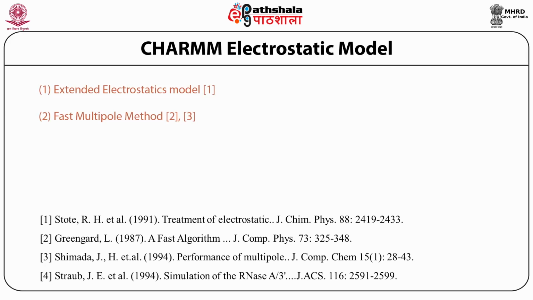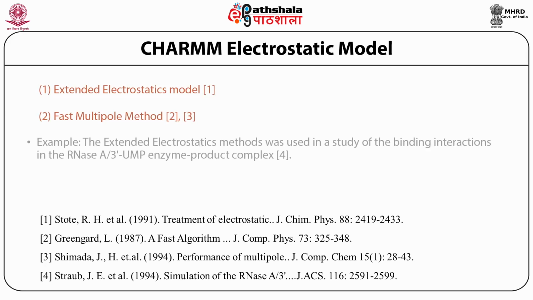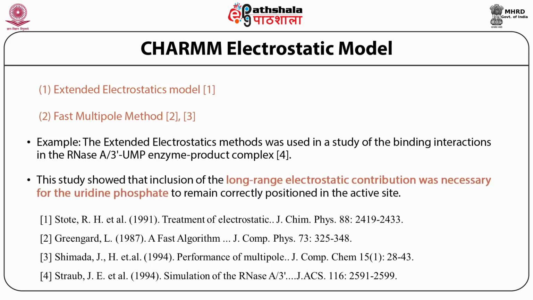However, why should we use it? A good example is given by reference number 4. If you use the extended electrostatic model and study the binding interaction of RNase A with 3' UMP, the enzyme product complex, you would see the long-range electrostatic contribution was a necessary evil for the uridine phosphate to remain exactly at the active site. Why?